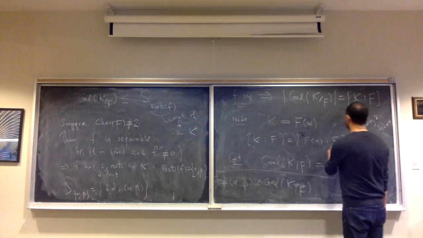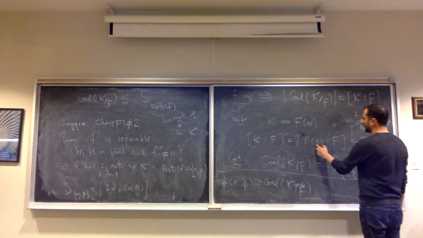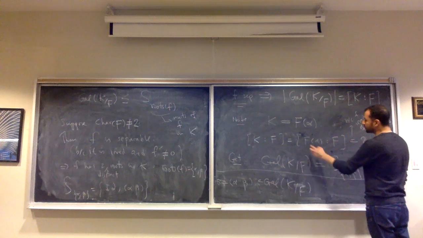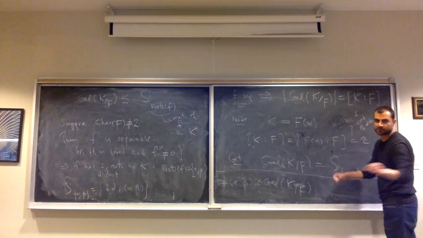K is F adjoin alpha, and this being of degree 2, a basis over F for this field is given by just 1 and alpha.